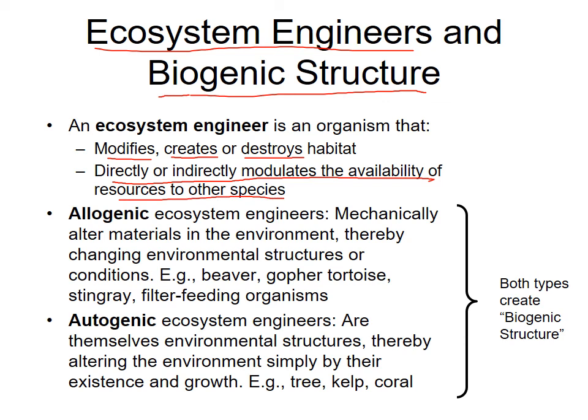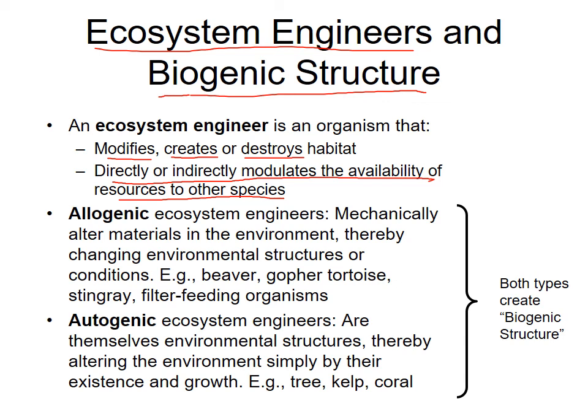So it's kind of a broad definition, and in fact, if you stretch, almost every organism is an ecosystem engineer to some extent. It's just that some have more obvious and strong effects on their environment than other organisms.